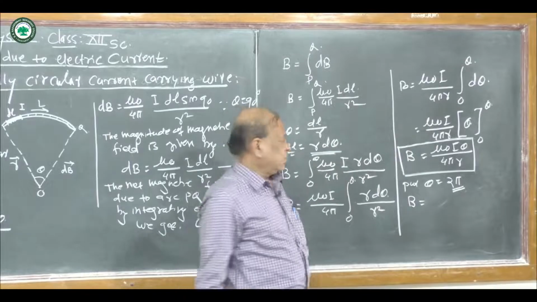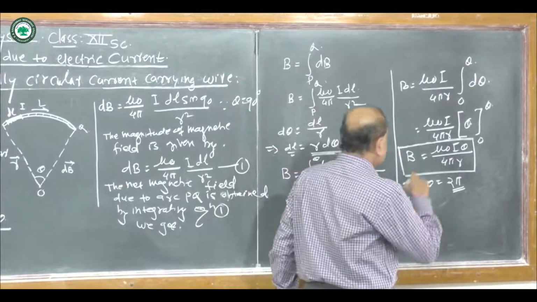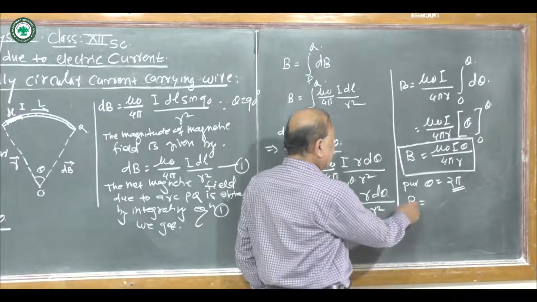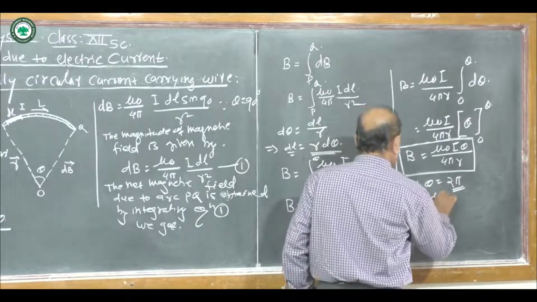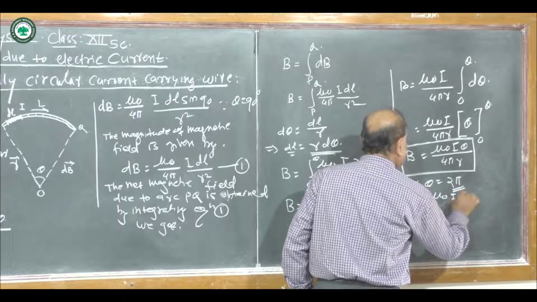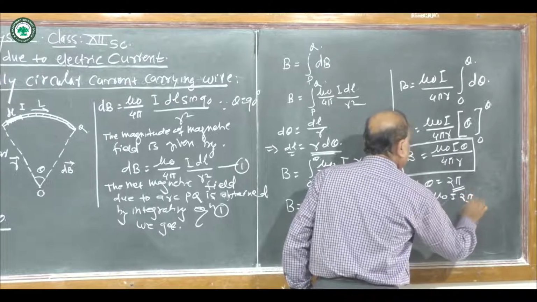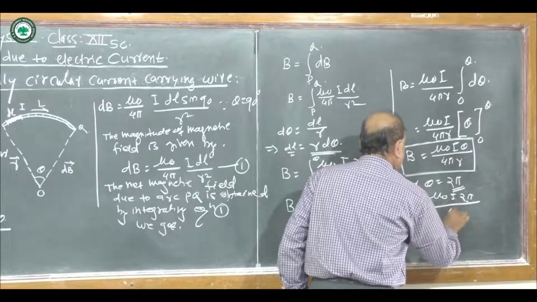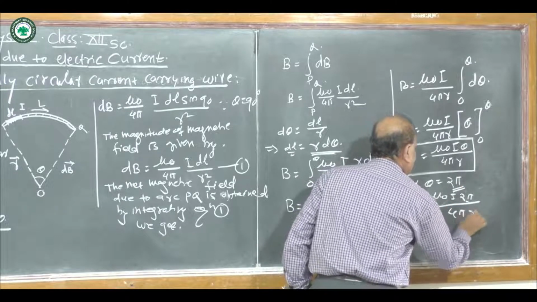Therefore the net magnetic field at the center of the circular current carrying wire is given by B is equal to mu 0 I, putting the value of theta, 2 pi divided by 4 pi r.